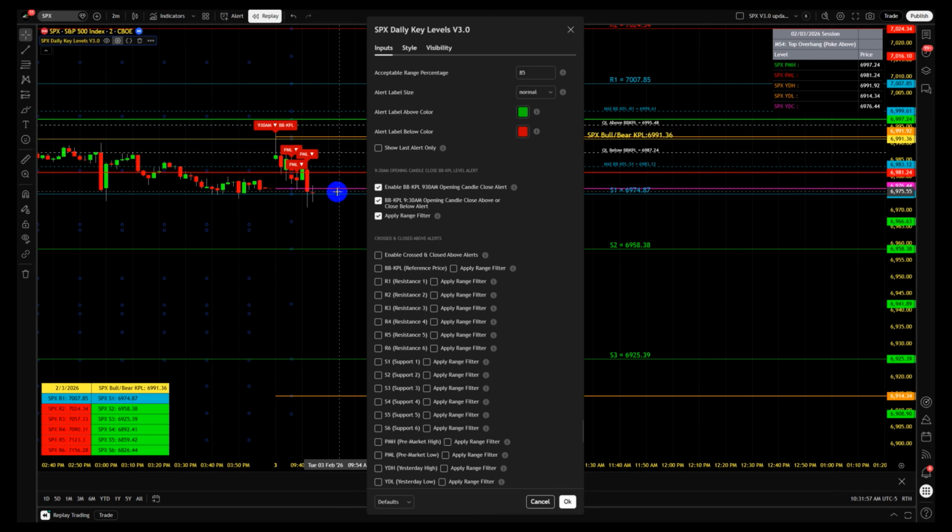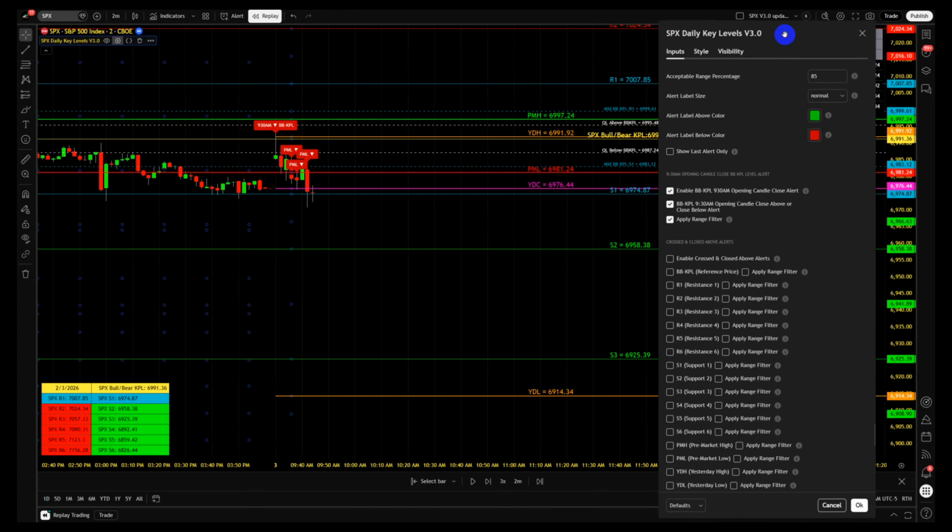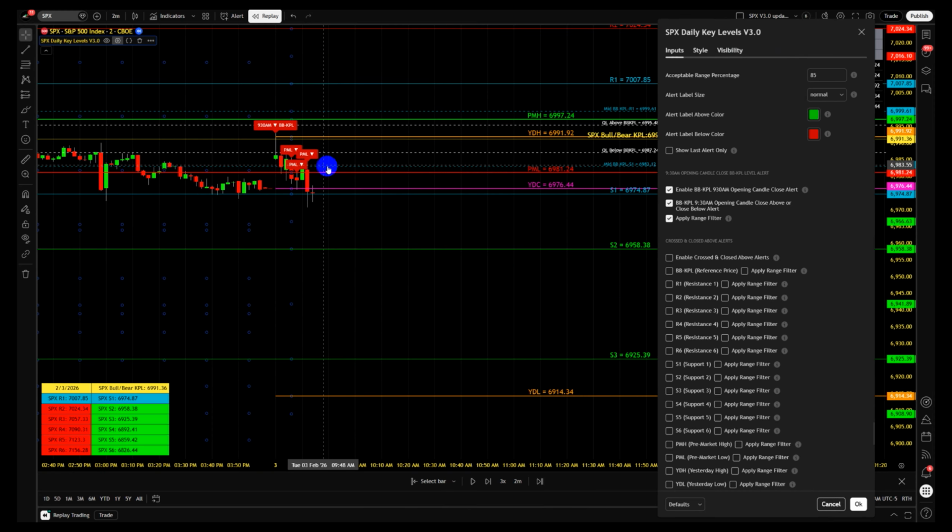And you can imagine if you also had other alerts, say for this level here, the YDC level, and you start to get close belows, and you have more labels, etc. So what this does is that it only allows the last alert per alert that you have turned on per level. So it's not just the one last alert of any kind. It shows the last alert per alert that you have enabled for each key level that you have actually enabled.